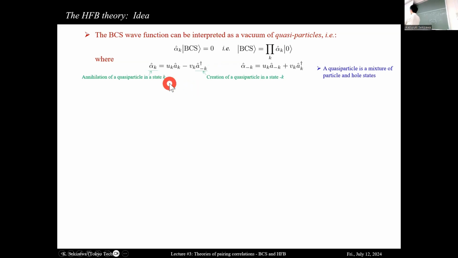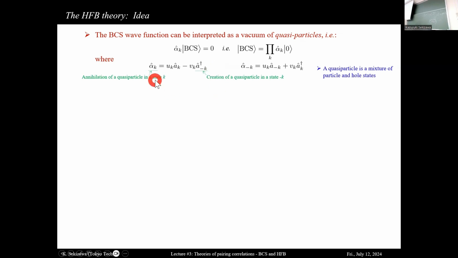You can determine through the anti-commutation relations what the factors in front of those creation and annihilation operators will be, and then you can derive this condition. So alpha_k, the annihilation operator of the quasi-particle, is given as a superposition of u_k a_k minus v_k a_-k†.